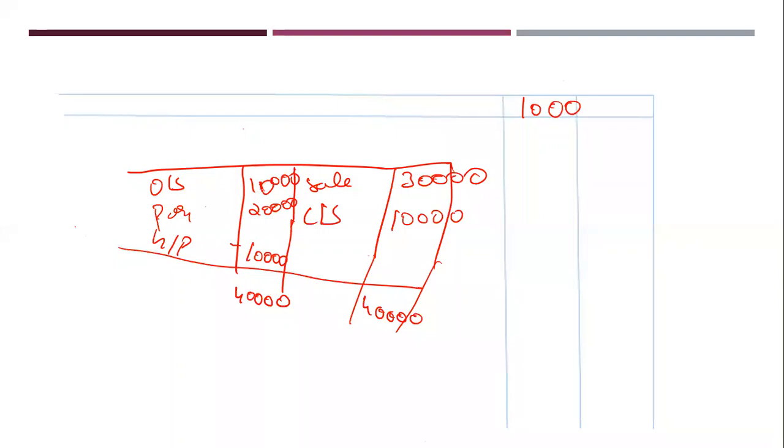If you rectify this overvaluation, minus 10,000 from the 10,000, you will get the corrected value. So if you rectify that, my profit will increase, right? Whatever overvaluation I am rectifying, if I add it, my profit will increase. That's the reason any overvaluation of opening stock will be added back.